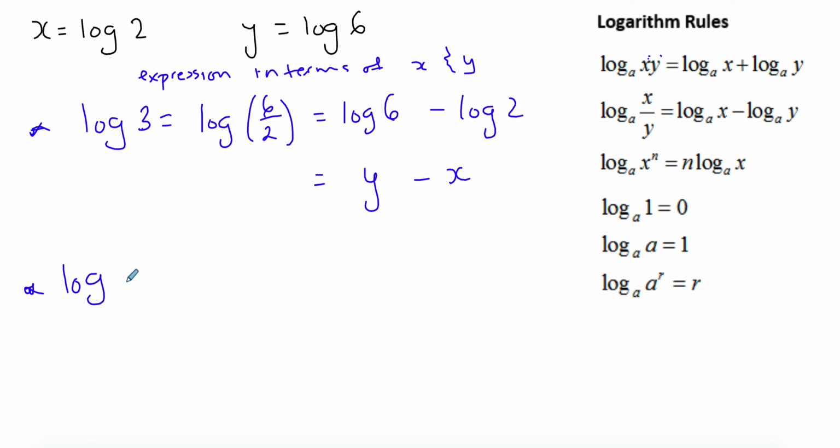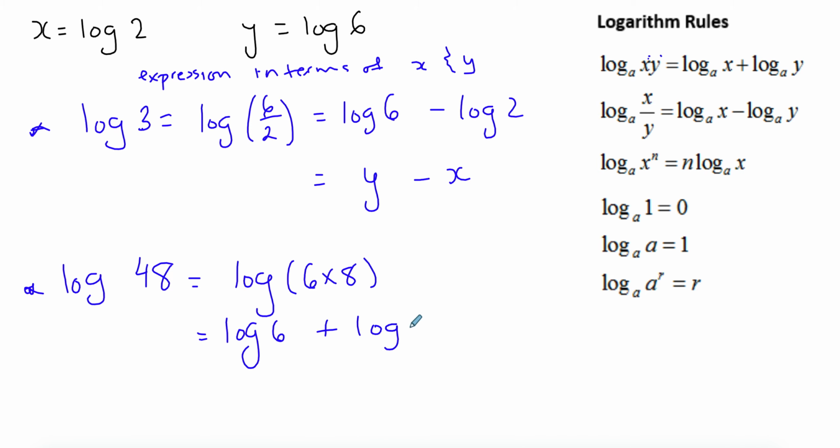And then for the last one, if I have log of 48, a bit of manipulation here should give you a heads up. Given that you need to use 6 and 2 somehow, I gave it away. It's 6 times 8. Again, be comfortable with the powers of 2. These are quite useful in any example you do in math. So just to use the first rule, we have log of 6 plus log of 8.